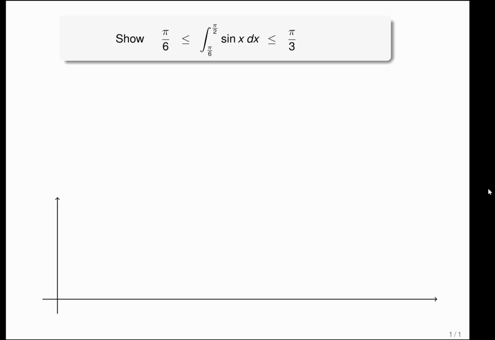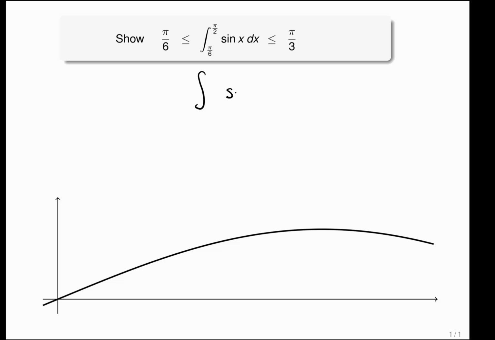Firstly, from classes, you should know that the standard way of establishing upper and lower bounds for definite integrals is by using Riemann sums. Now, looking at our integral, we know that if we integrate the function sine x with respect to the variable x from x equals pi on 6 to x equals pi on 2, then this gives us the signed area under the sine curve between x equals pi on 6 and x equals pi on 2.